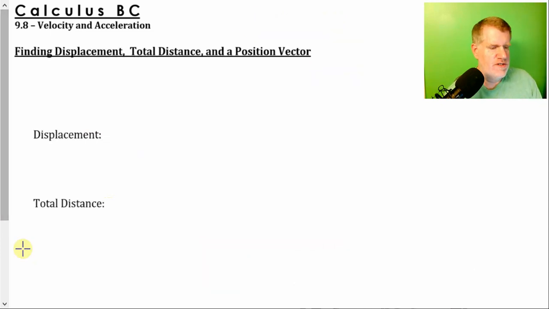Displacement versus total distance. Now we've got a couple other formulas for you. So we're going to do the displacement. So displacement would be an integral. Because remember, if you have velocity, then you can find distance and displacement. So it's the integral of the velocity that gives you the displacement.